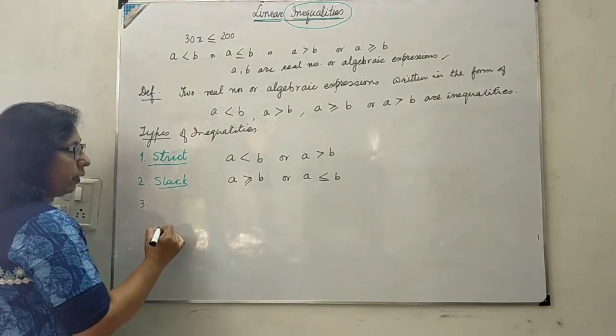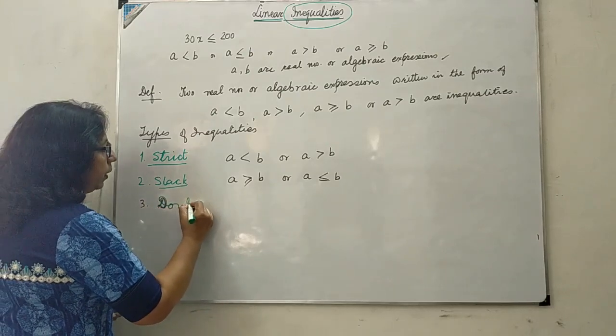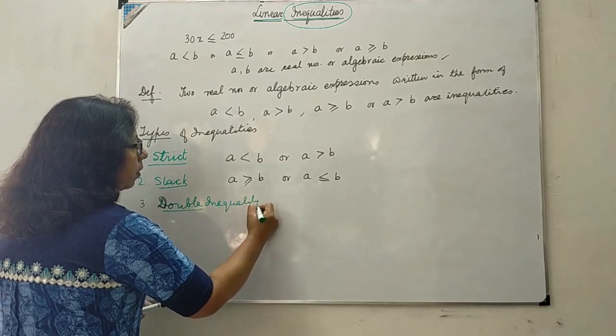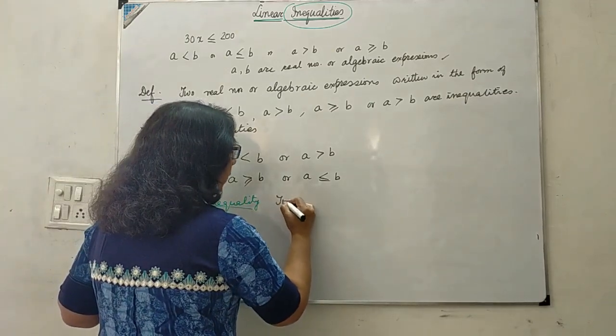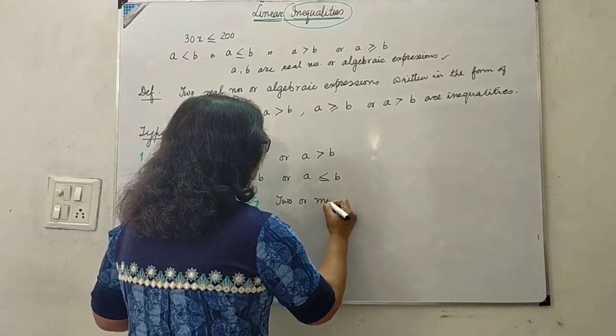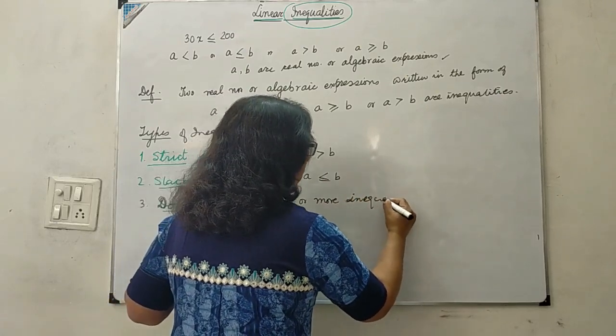Then the third type of inequality is double inequality. You can guess by the name that it has two or more inequalities simultaneously.